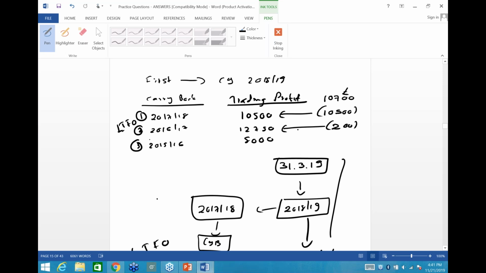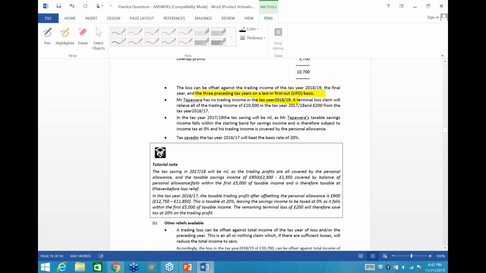We don't have to use 15-16. The full terminal loss 10,700 will be relieved in this particular way. So the terminal loss claim will relieve all of the trading income, 10,500 in the tax year 17-18, 200 from 16-17.